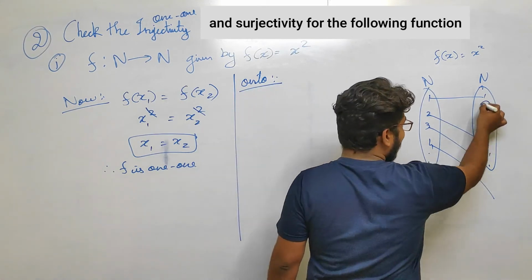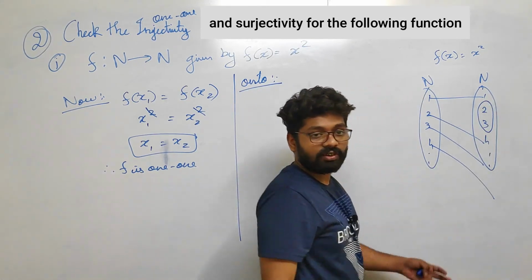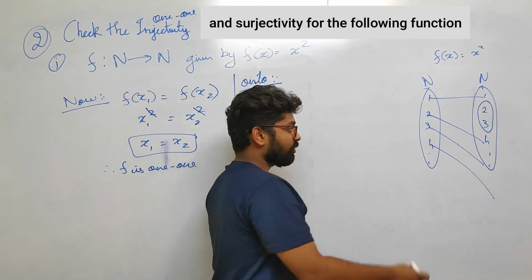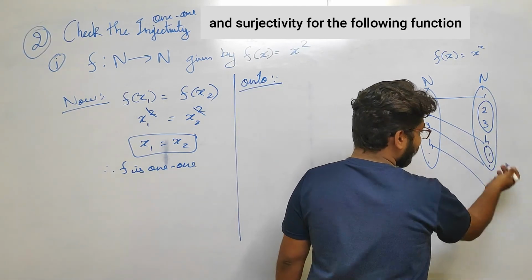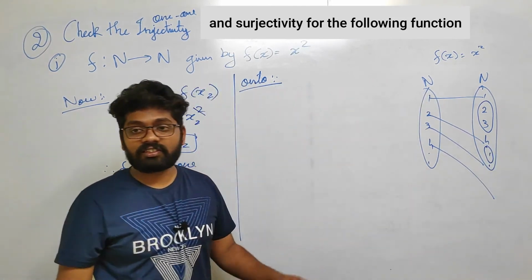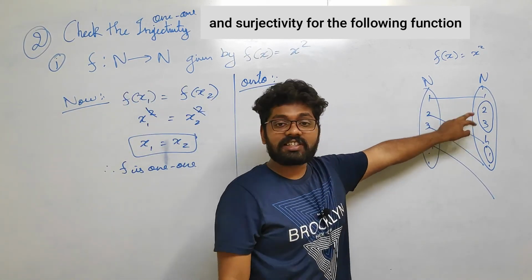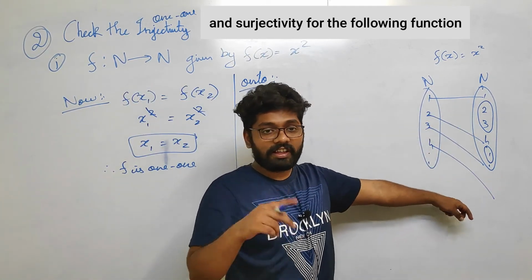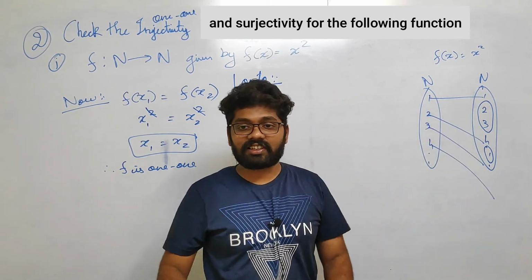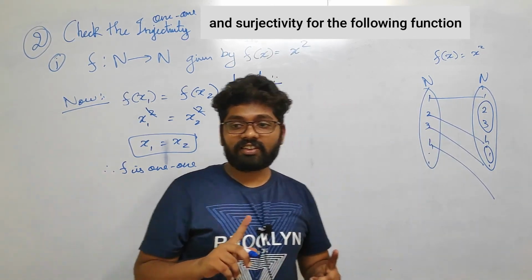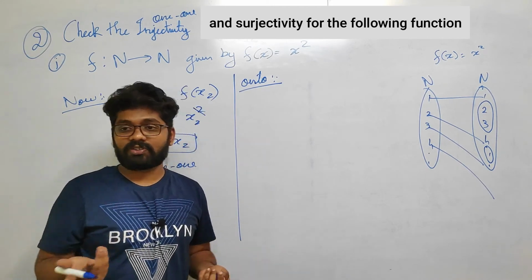But there are in between numbers left over. 2 आणि 3 चं कुठं आहे? सोड बा. 4 5 6 7 8 ते नंबर्स कुठे आहेत? Okay, it means what? Some of the values in the second set is left over. Then इथं सेकंड सेट मध्ये कोणतर सिंगल असलं तर त्याला 1 1 आम्ही म्हणू शकणार, ऑनटो म्हणू शकणार नाही.